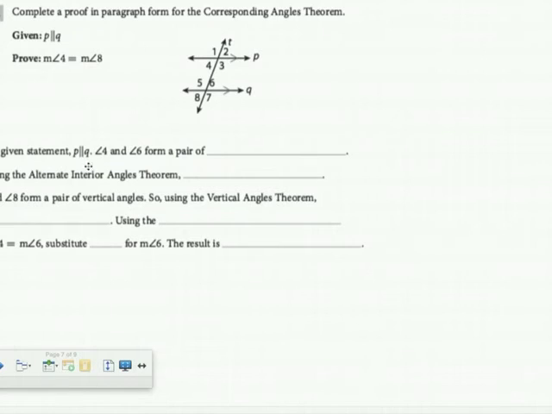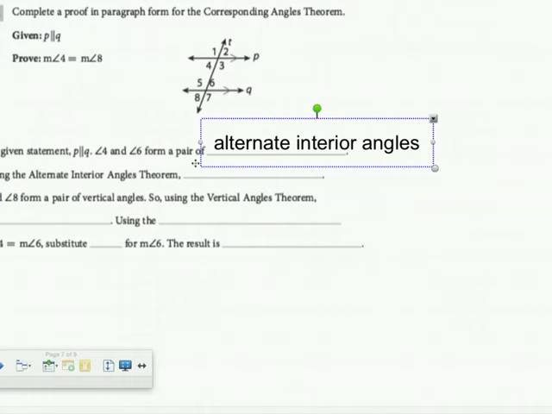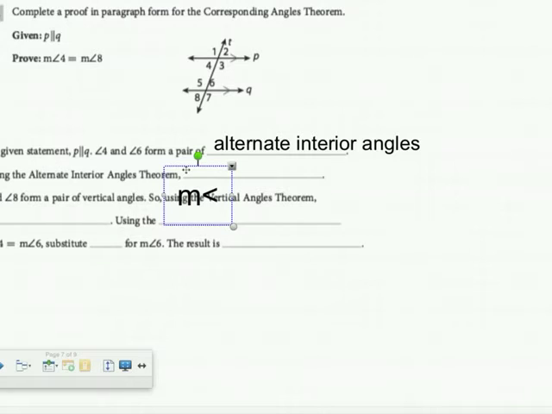So by the given statement, I know that P is parallel to Q. Looking at the diagram, we can see that angles 4 and 6 form a pair of alternate interior angles. And so using the alternate interior angles theorem, we know that the measure of angle 4 will equal the measure of angle 6.